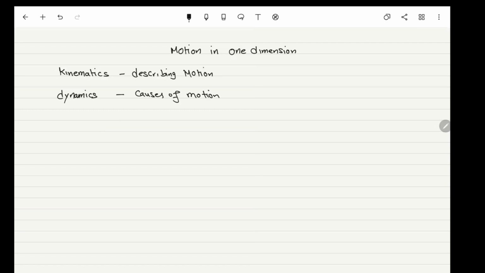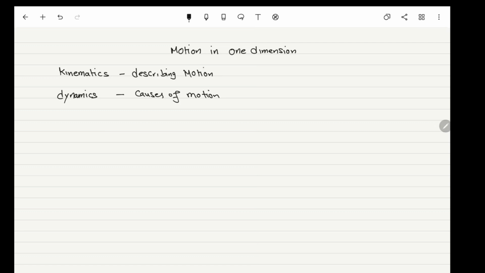To continue with the college physics series, let's discuss motion in one dimension. Mechanics is divided into two parts, kinematics and dynamics. Kinematics is concerned with describing motion, while dynamics is concerned with the causes of motion.